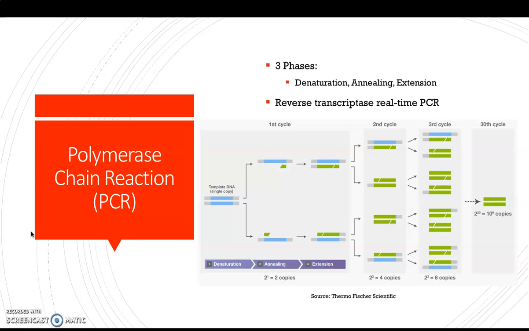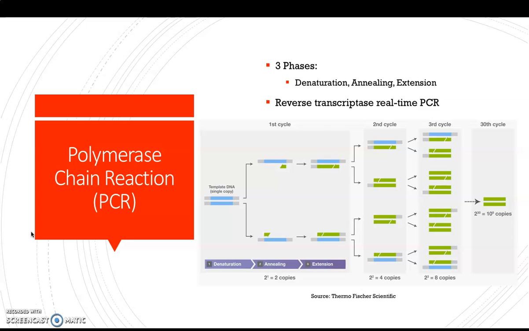The temperature is then lowered in the second stage of annealing, to about 55 to 65 degrees Celsius. The annealing temperature is based on the melting temperature of the particular primer that is being used in the PCR.